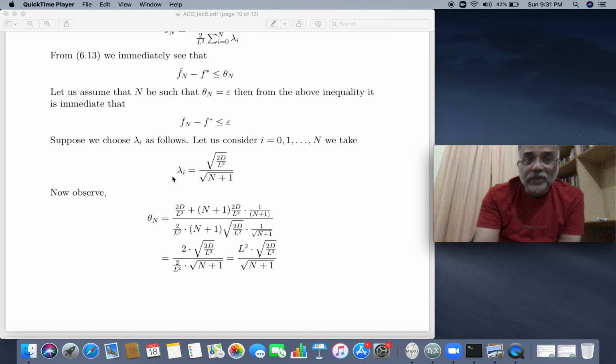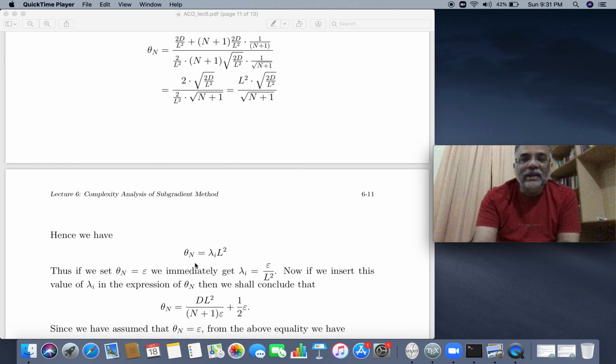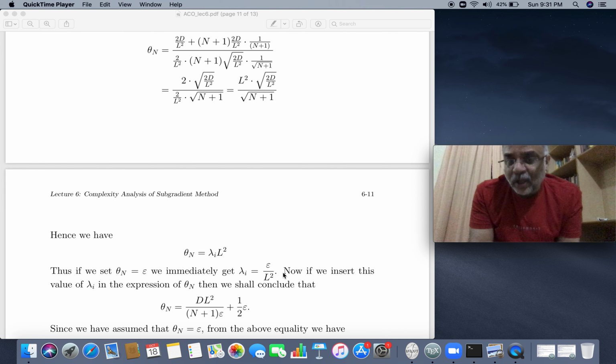If you observe the definition of lambda I, you will immediately know that this part is lambda I. So theta n is lambda I into L square. But we said theta n is epsilon, so lambda I is epsilon by L square. So this is the motivation.